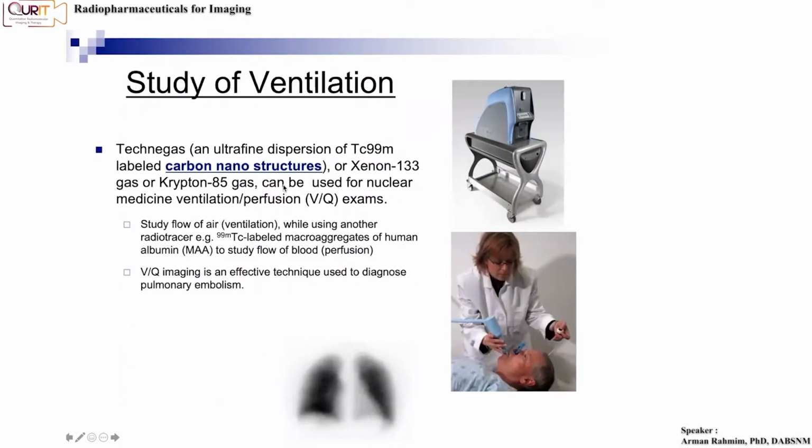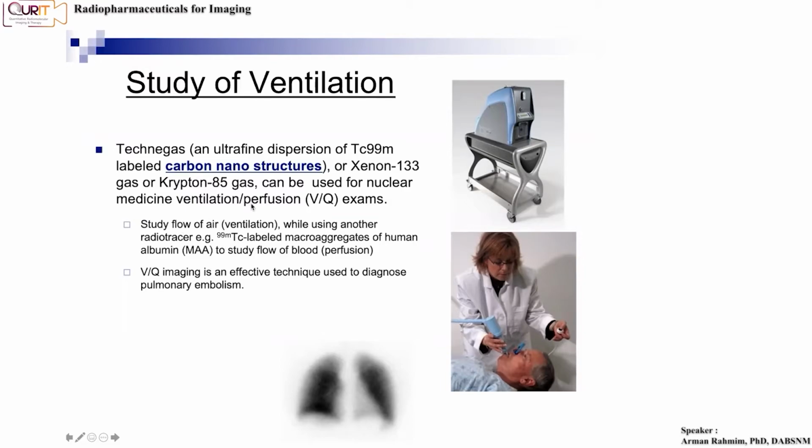So let's say you want to study ventilation. Here's an example of this thing called Technegas, and the idea is you have a dispersion of technetium-99m labeled carbon nanostructures, or instead of that, you could use two other gases, inert gases like xenon-133 or krypton-85, but these are radioactive gases. These can be used, for example, to study ventilation. Remember, ventilation is the study of the flow of air, right?